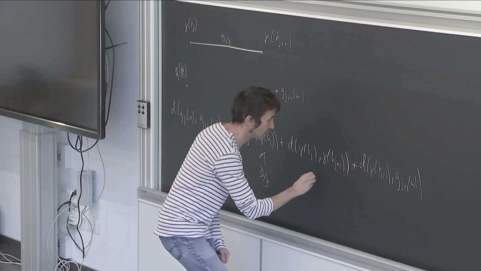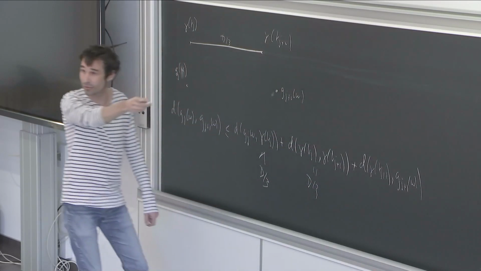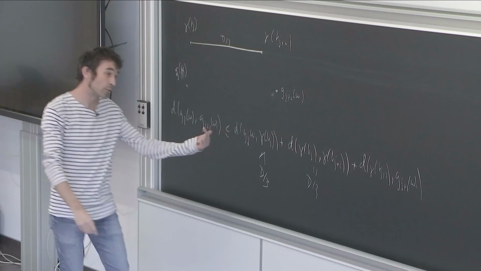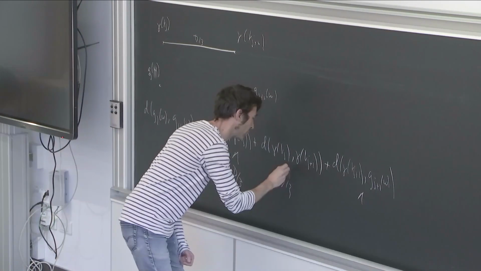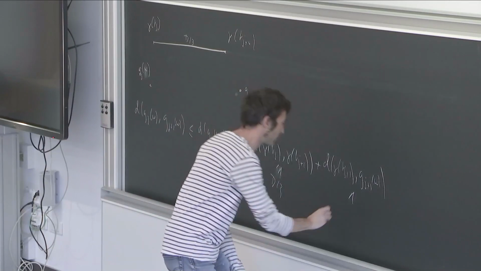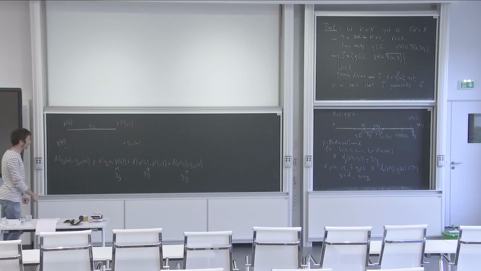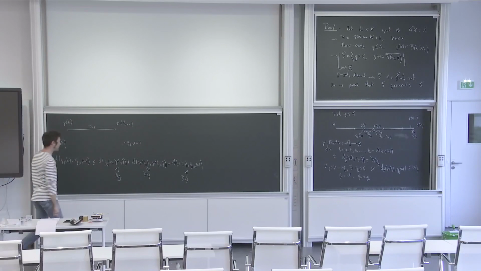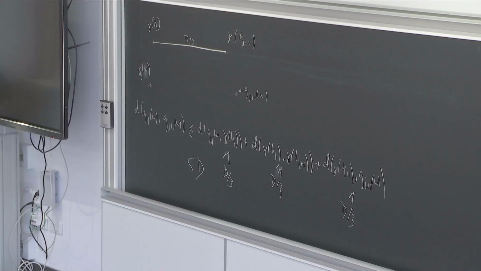This is exactly d over 3 unless I'm at the end of the segment, where it will be smaller. So let's say it is smaller or equal to. And this one is also at most d over 3. What I get here is that this distance is at most d.